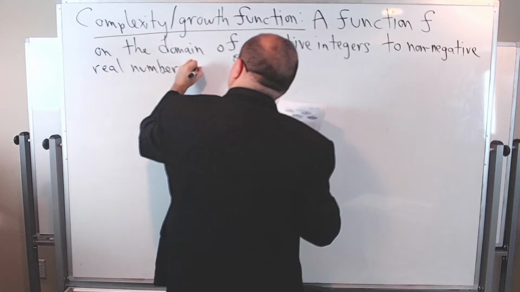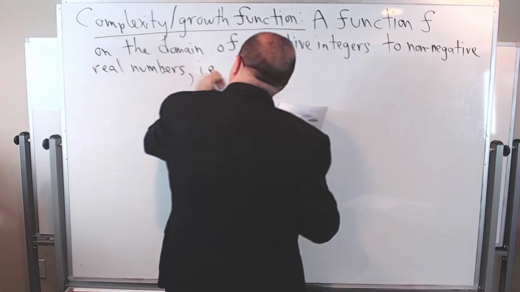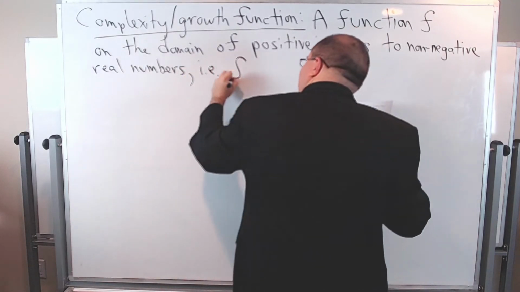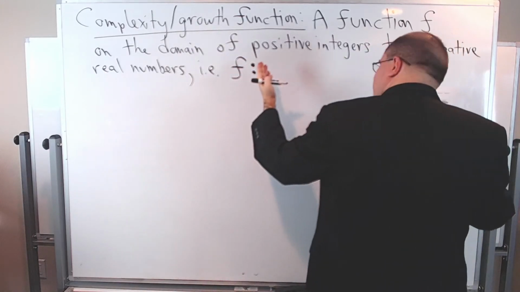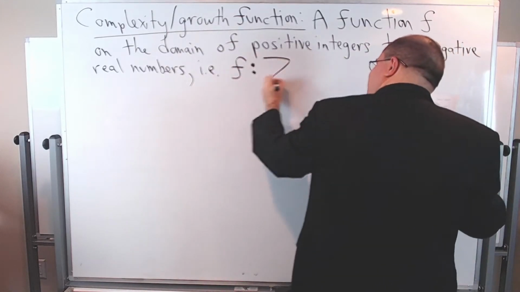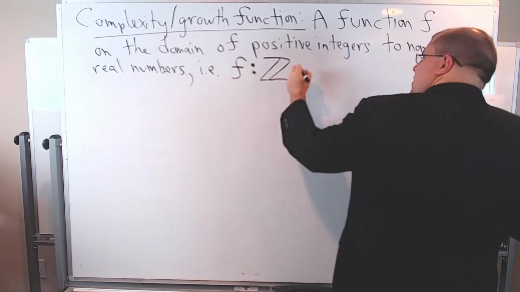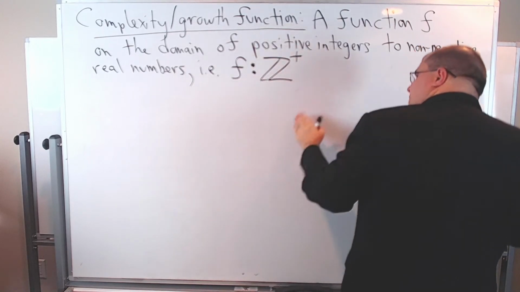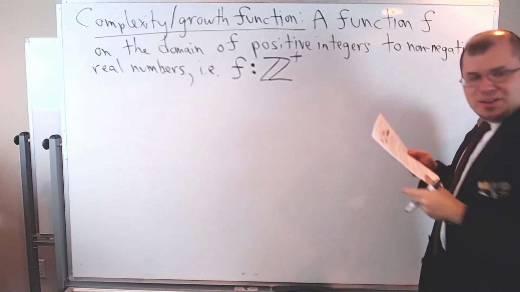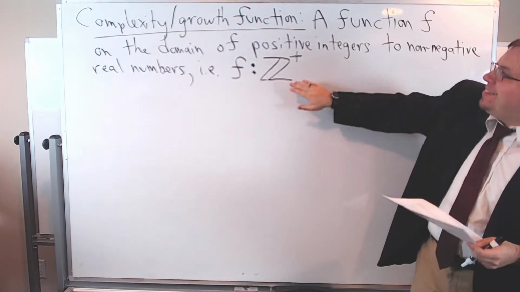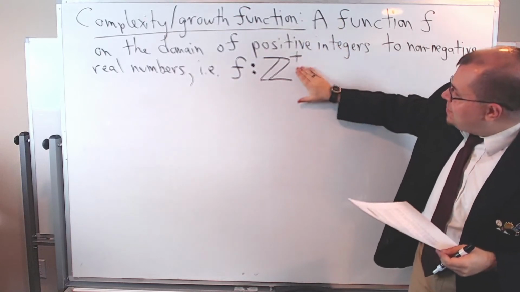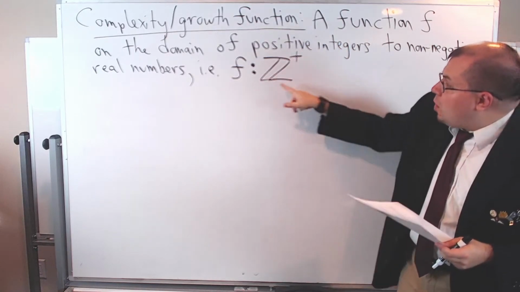So if you really want the formal way of writing this down, I'm saying the function's called f. This colon signifies I'm going to perform a mapping. I'll draw a picture in a moment of what this means. It's going to take in a positive integer. So this is a blackboard Z. This represents the set of all integers.